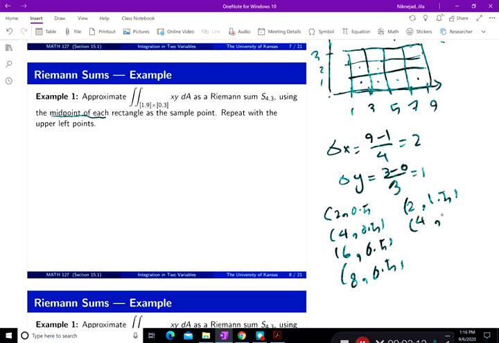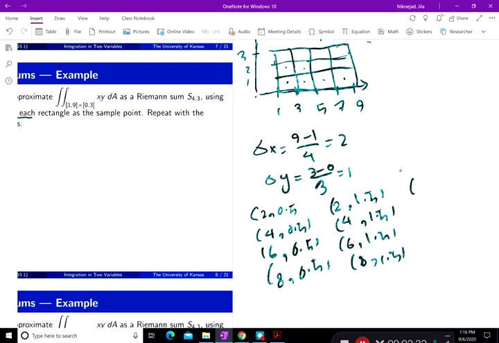And now you see a pattern, so you can continue just writing it down without averaging it out every time. And then the last row would be 2 and 2.5, 4 and 2.5, 6 and 2.5, and 8 and 2.5.